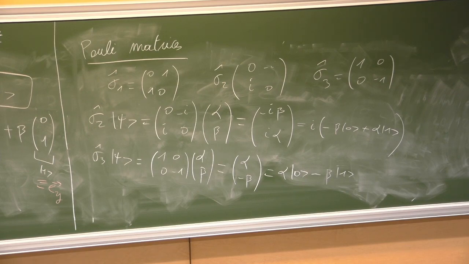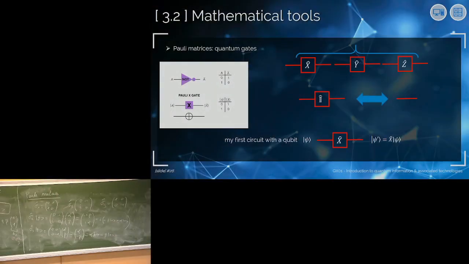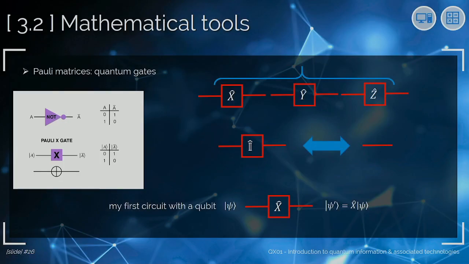So these are the equivalent of the gates, but now for a qubit. In fact, for these Pauli matrices sigma 1, sigma 2, sigma 3, there are different ways of writing them, but we will see that later on.